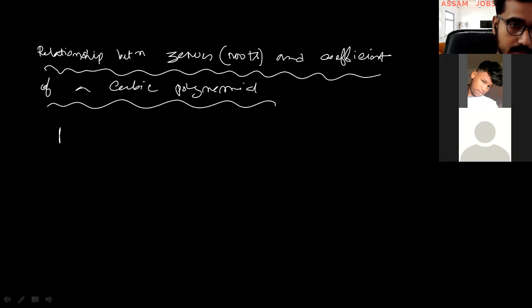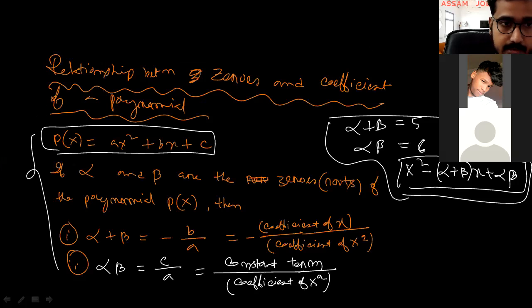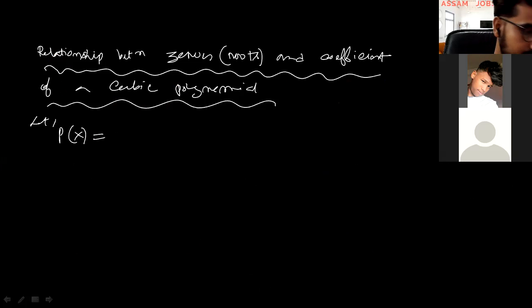So let p(x) equal ax cube plus bx square plus cx plus d. It is a cubic polynomial.